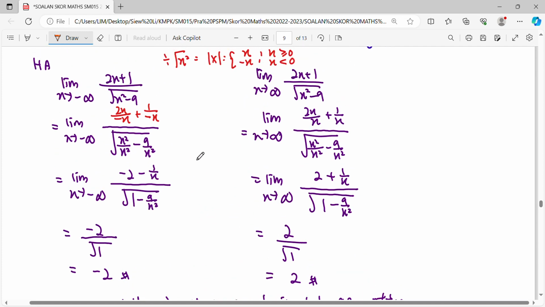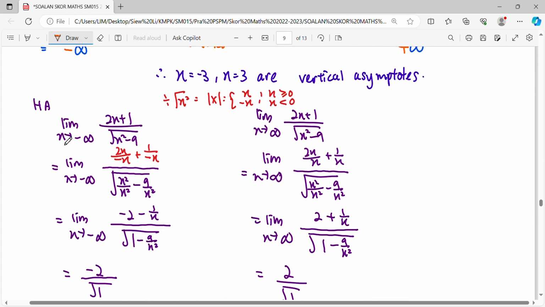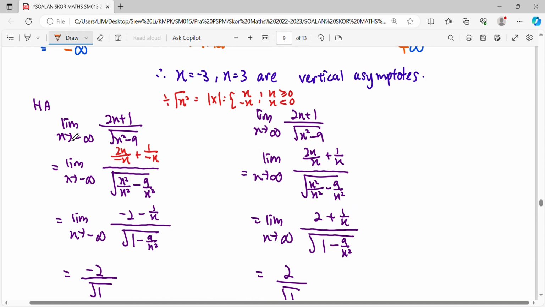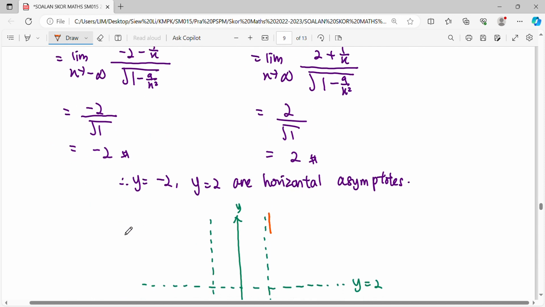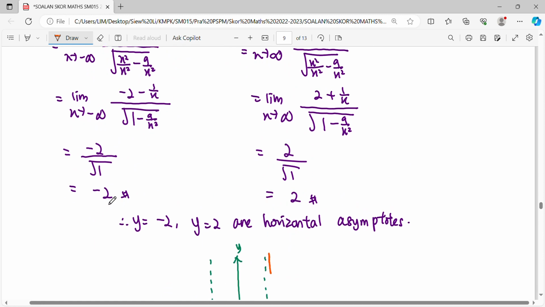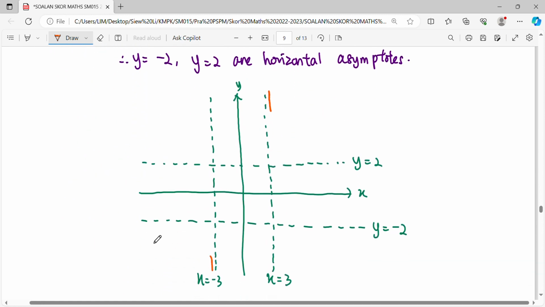Meanwhile, for this part, x going to negative infinity means x goes as far left as you can, and your y goes to -2. So when you go as far left as we can, we are approaching -2.